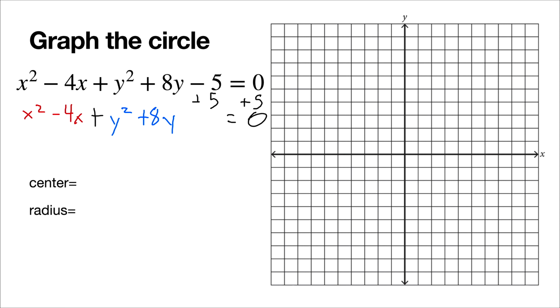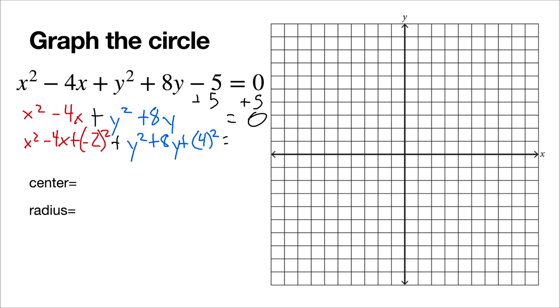So now let's break that down again. x squared minus 4x plus negative 4 divided by 2 is negative 2 squared. And then we're going to add y squared plus 8y plus half of 8 is 4 squared.